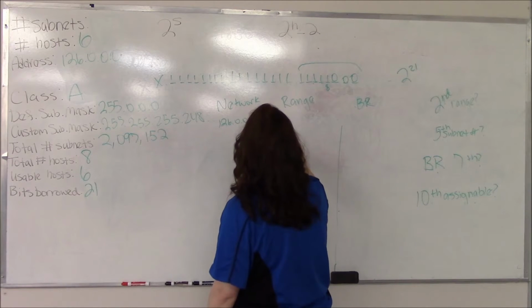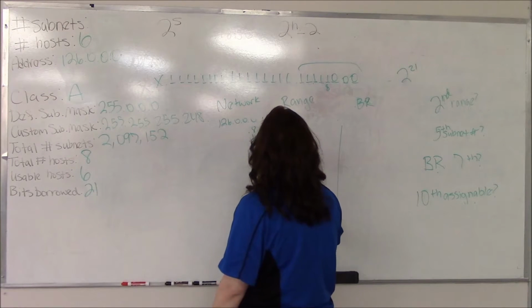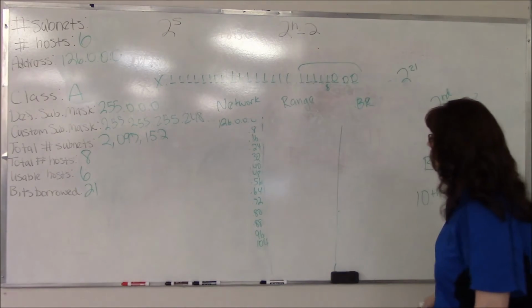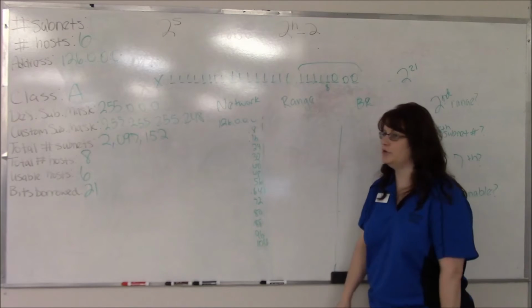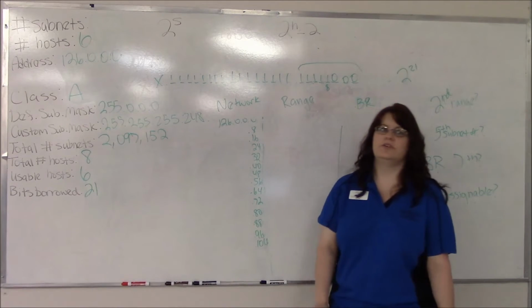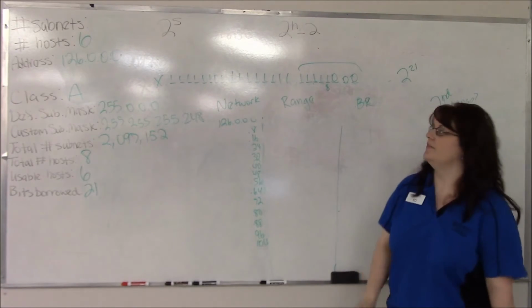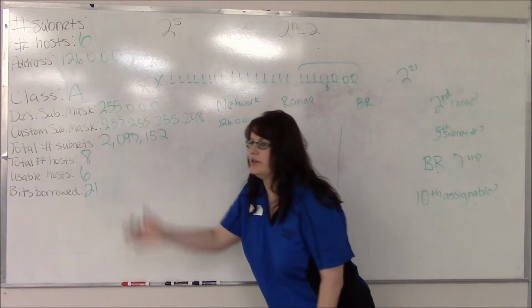How many are we up to? 1, 2, 3, 4, 5. Okay, we're good for purposes of this problem, but we're not even halfway through the zeros. We haven't even turned over to here yet and look at all the increments we have. That's how we get 2 million plus subnets.